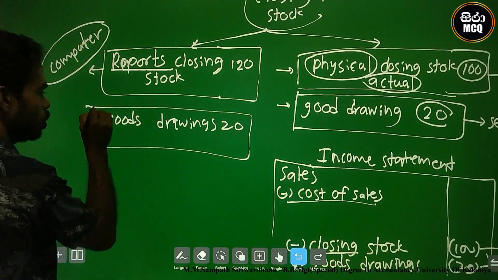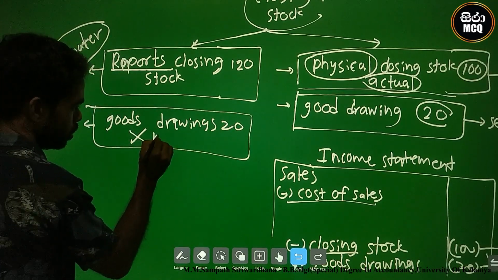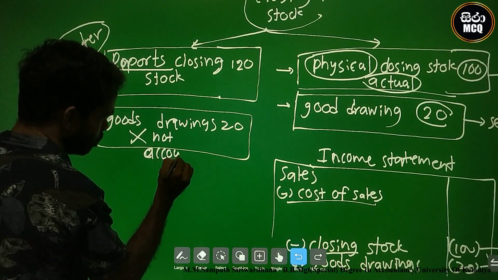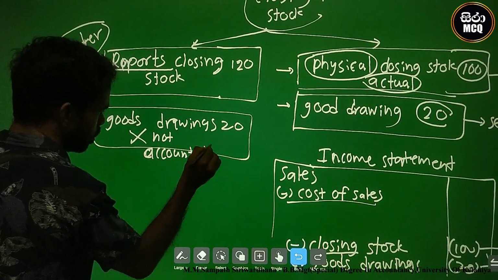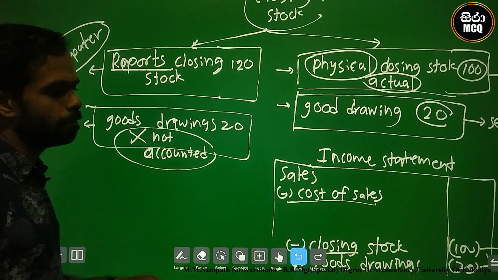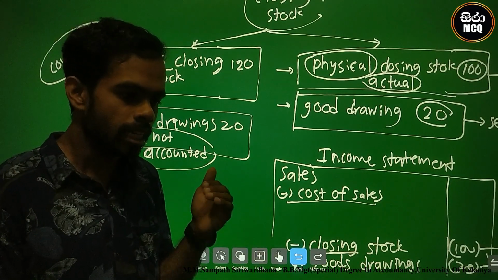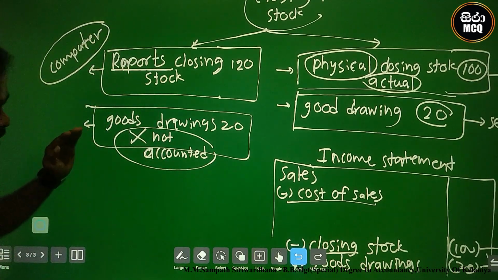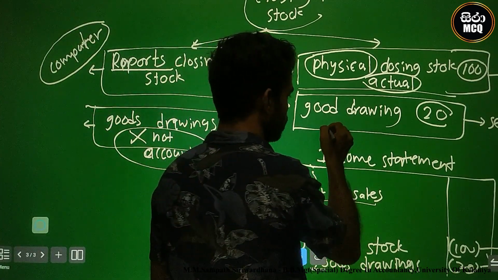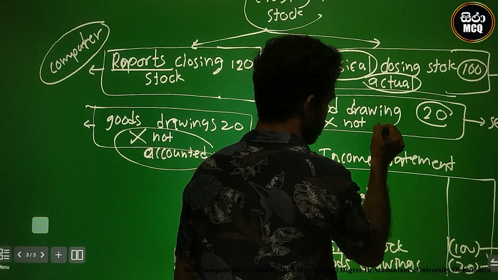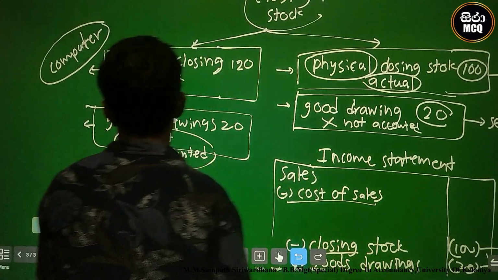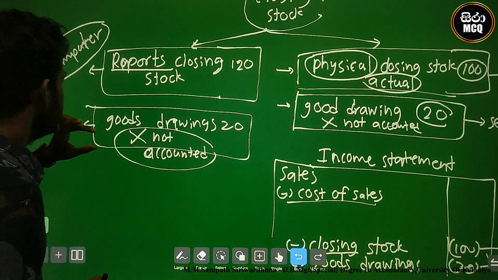At this time, goods drawings are not accounted. Not accounted means there is no accounting entry for drawings.